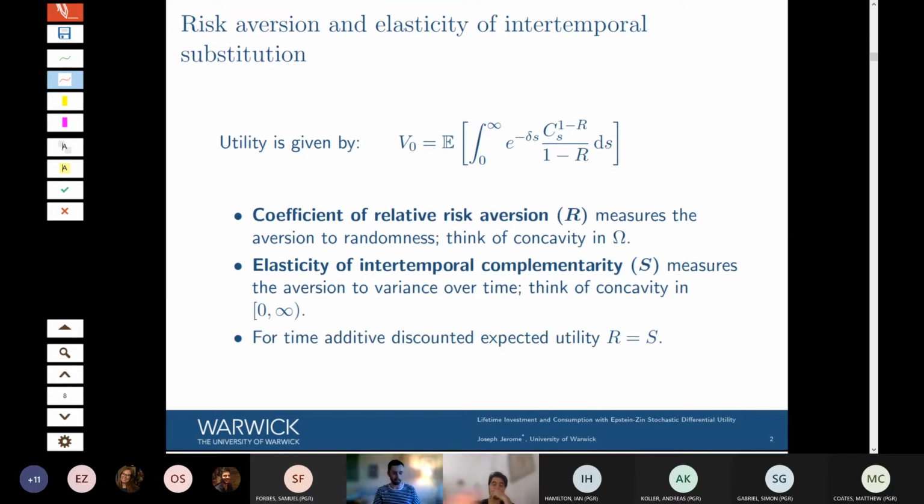And for time additive discounted expected utility, R is equal to S. So these two parameters are one and the same. And this is basically too restrictive. Empirically, you don't tend to find that people's risk preferences translate directly into their preferences for temporal consumption.